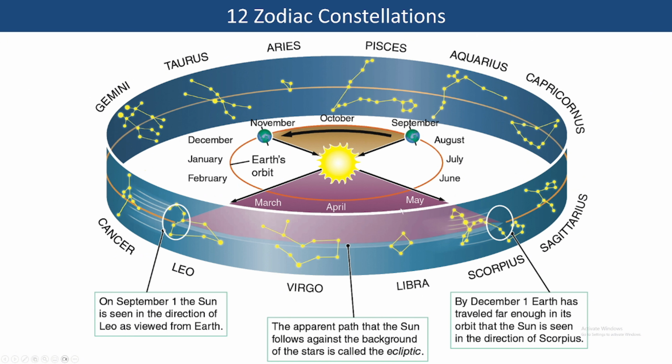That's why all year long we see the sun go along this path, which is known as the ecliptic, and the ecliptic passes through 12 zodiac constellations. They are Aries, Taurus, Gemini, Cancer, Leo, Virgo, Libra, Scorpius, Sagittarius, Capricornus, Aquarius, and Pisces.